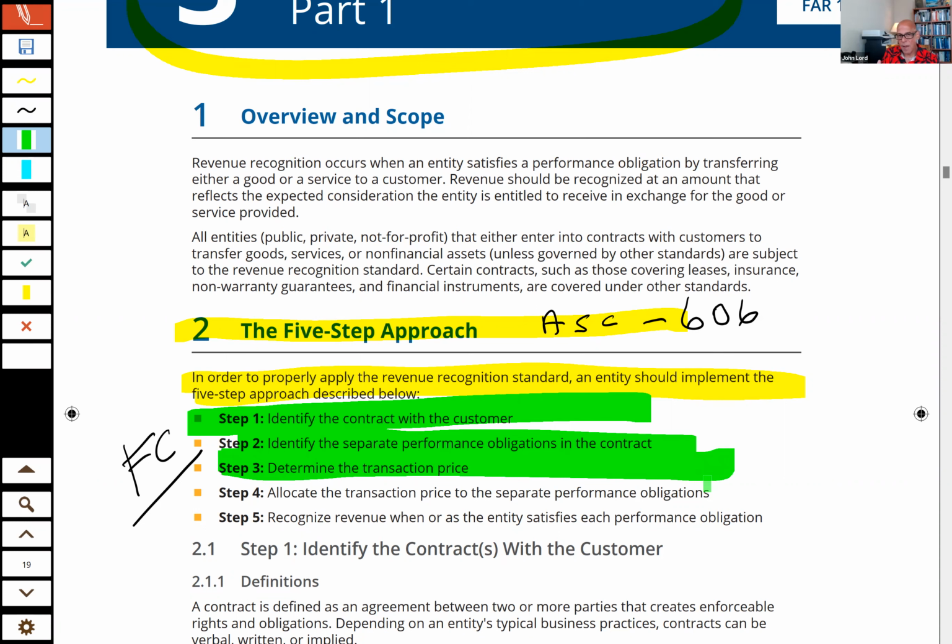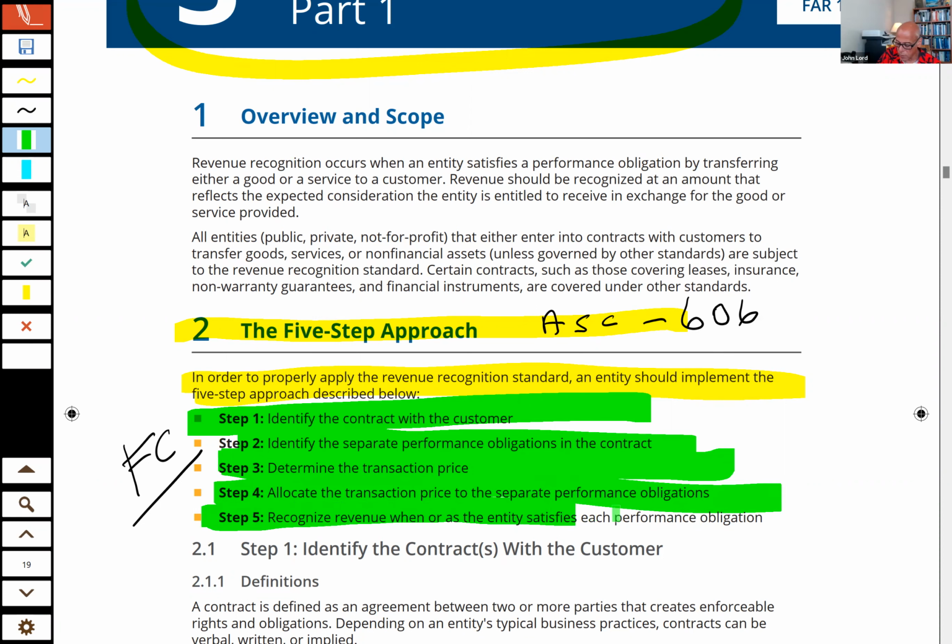But if you have more than one performance obligation in the contract, then you're going to have to allocate that transaction price amongst those performance obligations. And that's really what we do in step 4. And then, of course, we will recognize revenue as the entity satisfies each of the performance obligations. And again, in a single contract, you could have more than one performance obligation, and you could have a performance obligation that is delivered at one single point in time, or what?